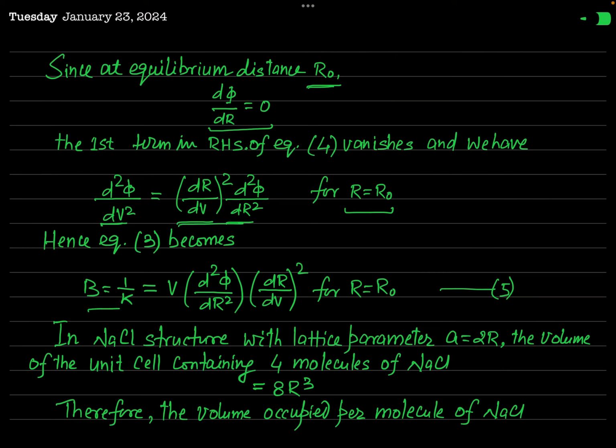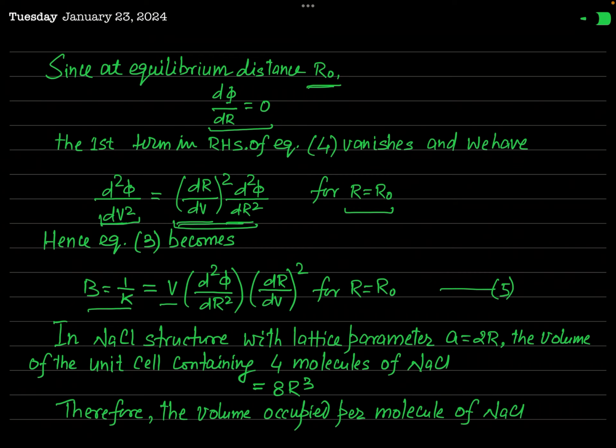So B is equal to 1 over K, and that will be equal to V times d2 phi by dv square. But we have seen that d2 phi by dv square is equal to dr by dv whole square times d2 phi by dr square. Okay.